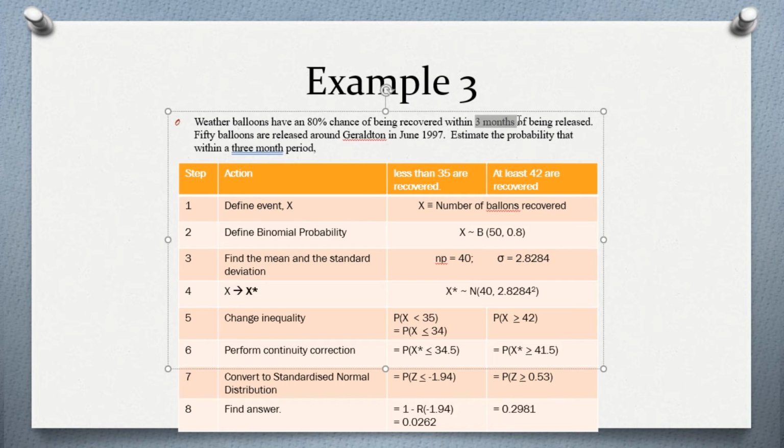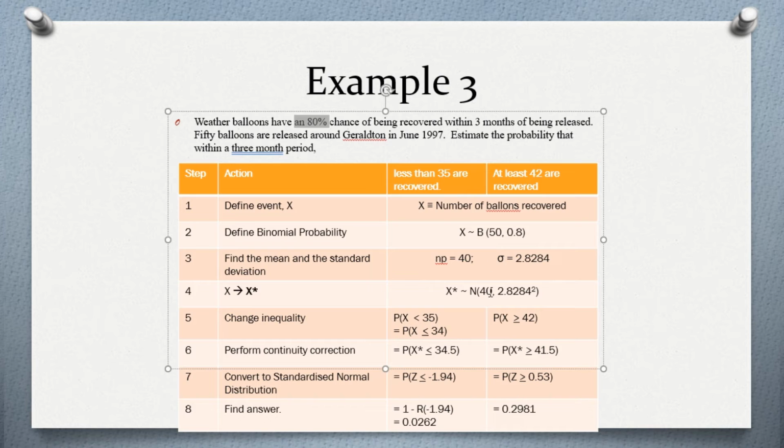Because of the time period, they may think it is Poisson, but it will be binomial. Why? Because the n is given to you already, and you have p, the chance of it being recovered. And the question is asking you how many are being recovered, isn't it? So the original event, number of balloons recovered, has a binomial distribution with n is 50 and p is 0.8.